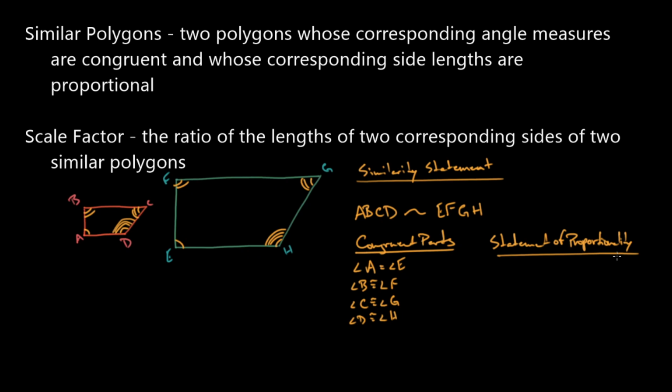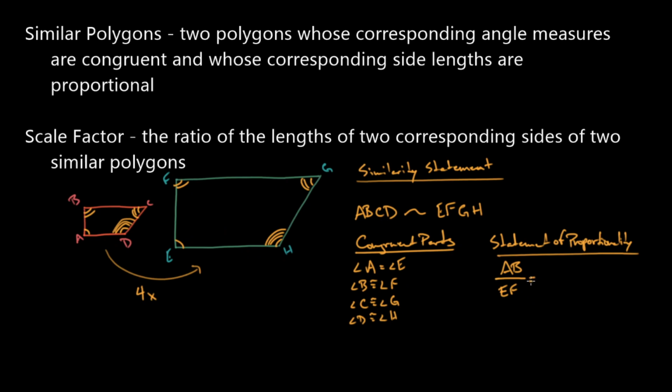And so let's say that I tell you that this quadrilateral is 4 times as big. It grew to be 4 times the size of the previous one. So what that means is if I took the length of AB over its corresponding side EF, that ratio in this case should be 1 to 4, because this is 4 times as big.